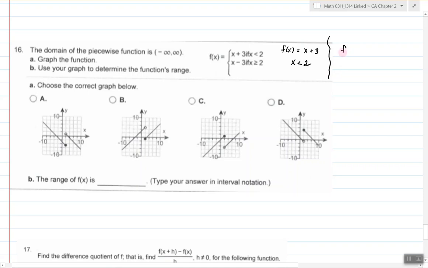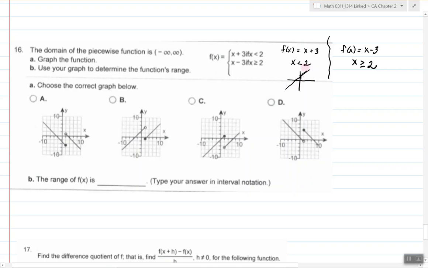And f of x is x minus 3 when x is greater than or equal to 2. So I'm just going to think about this one for a minute. x plus 3, 1, 2, 3, and it's going to look like this.